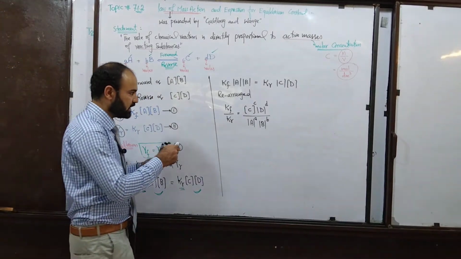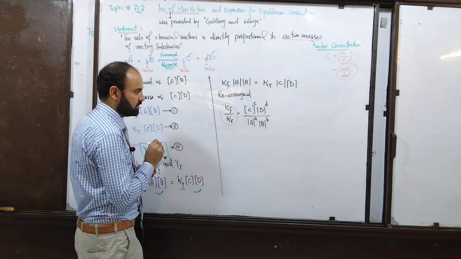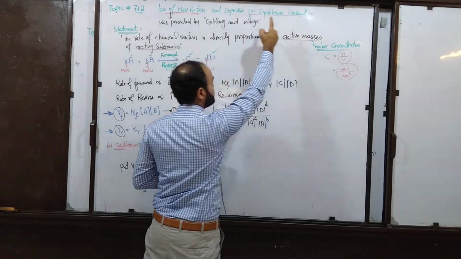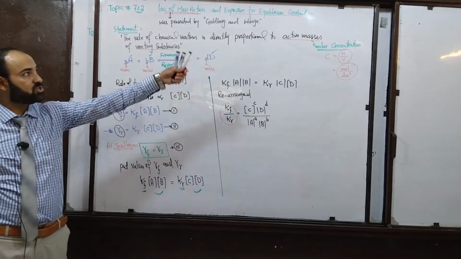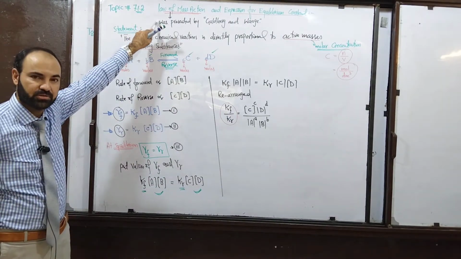So look students, a constant divided by a constant gives another constant, which we have to put in the main title of the topic: expression for the equilibrium constant related to the law of mass action.